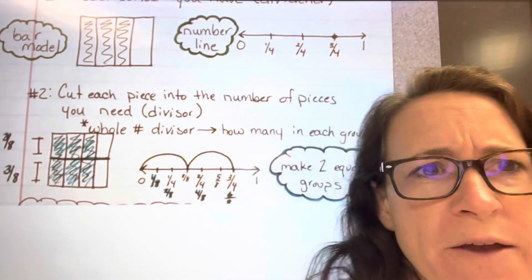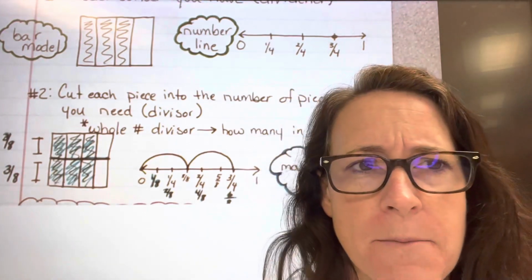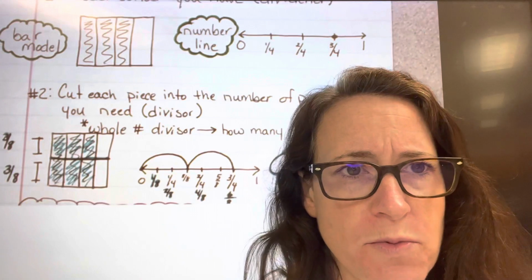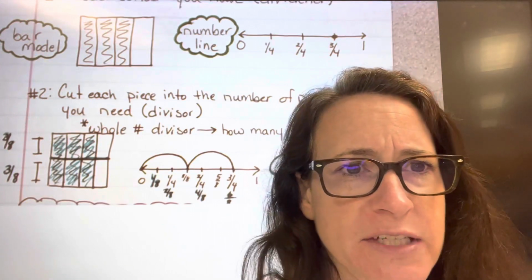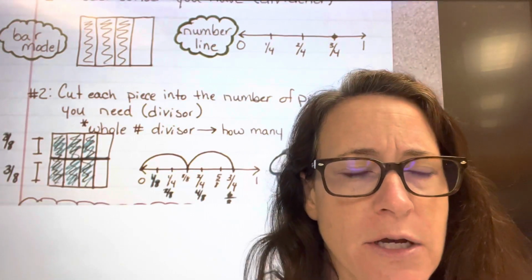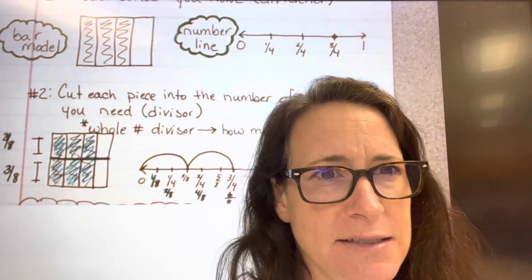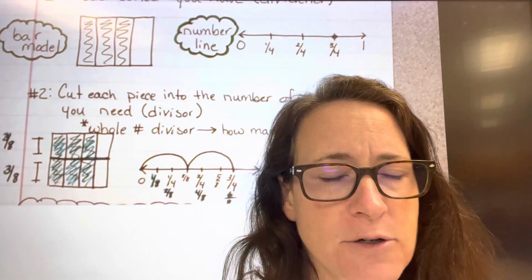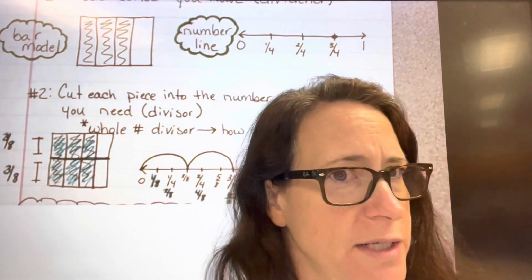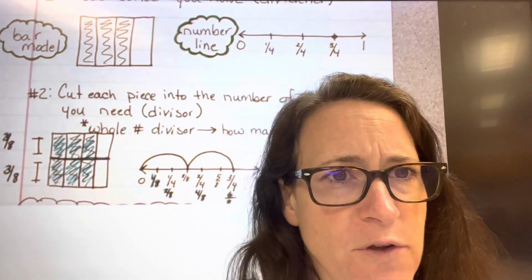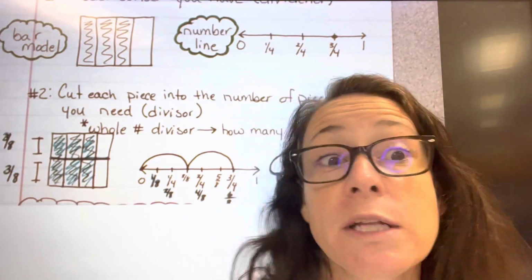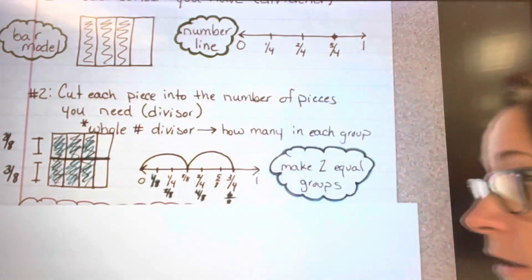If you have 3/4 of a pizza left, and you and your sibling, or you and your best friend, are sitting down to eat, what fraction of that 3/4 of the pizza left will each of you get if you want to split them equally? You don't want somebody getting more than you if you're really, really hungry.